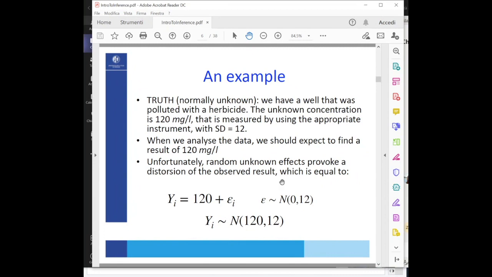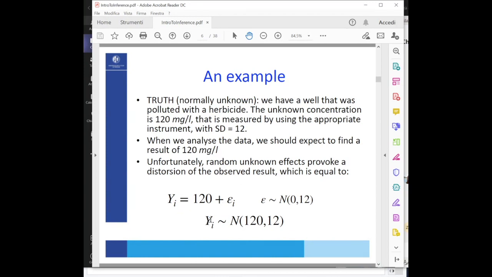Now, I made a small mathematical passage, which is really trivial. If the error is Gaussian, that means that also the concentration is Gaussian. I simply have to replace 0 with 120.